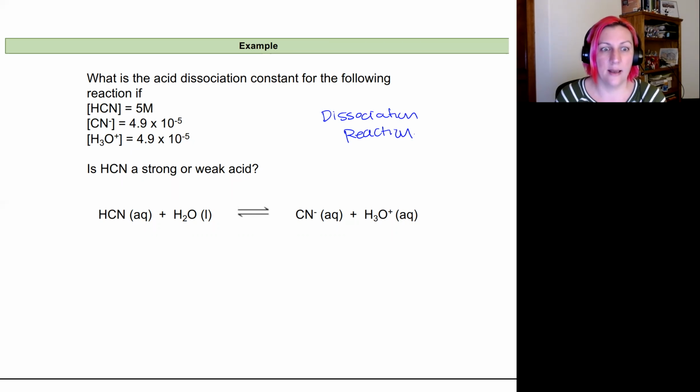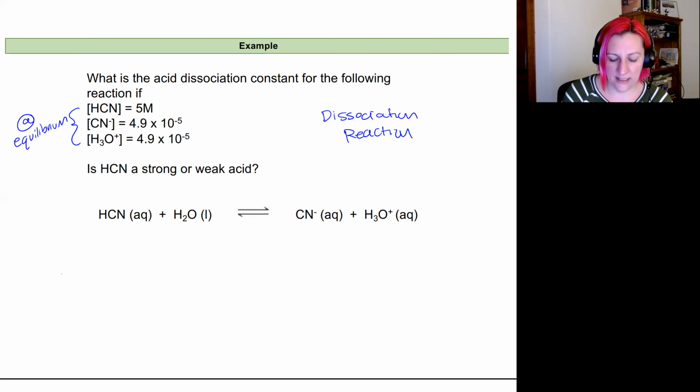So if I say, here are some equilibrium concentrations, but what's the dissociation constant for hydrocyanic acid? And I just give you the acid, then you need to be able to add the acid to water and predict the products, and then build your expression from the complete reaction. And so I have it written out here. And we have concentrations at equilibrium, which is helpful.